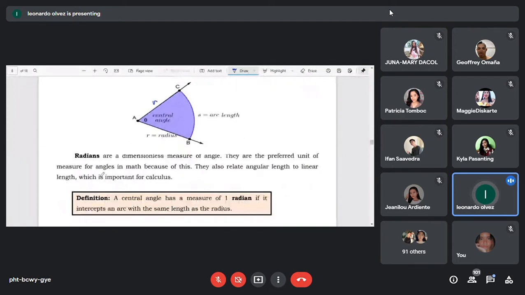So a central angle has a measure of 1 radian if it intercepts an arc with the same length as the radius.